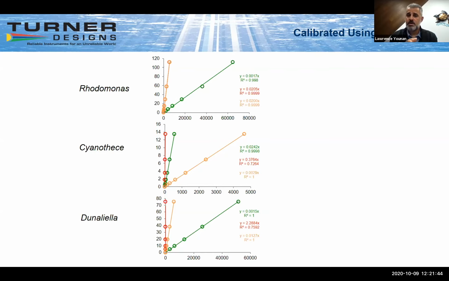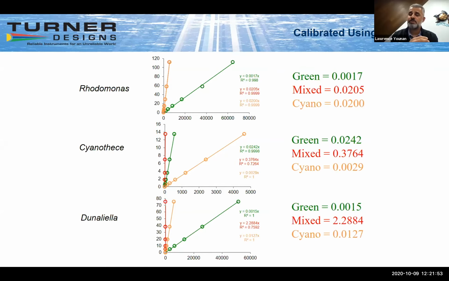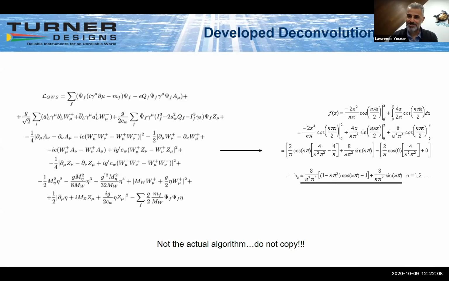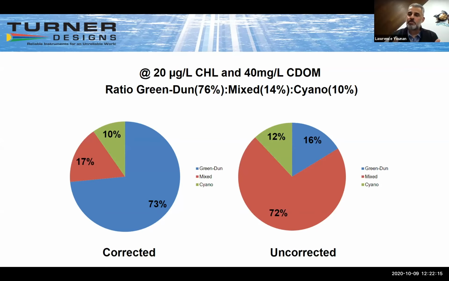There are 3 cal curves, I guess we'll call them, for each alga, and each one has 3 coefficients, and you'll see the coefficients, and that's the coefficient or the slope per sensor, and they differ. And we can use those in combination with how each sensor responds to dissolved organics and do some corrections and stick it in our nice small equation. Don't copy this, this is just an example. And we come up with something that gives you a really good estimate.